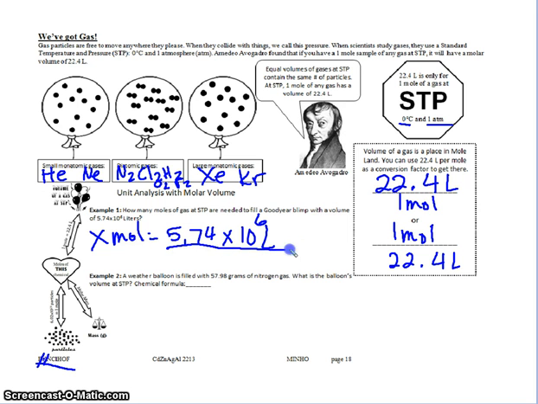If we set this up, we pick from one of these 2 conversion factors. Because they gave us the volume of the blimp in liters, we're going to pick the version that would put the 22.4 liters underneath and 1 mole on top. That means I'm going to take 5.74 times 10 to the 6th and divide it by 22.4 liters.